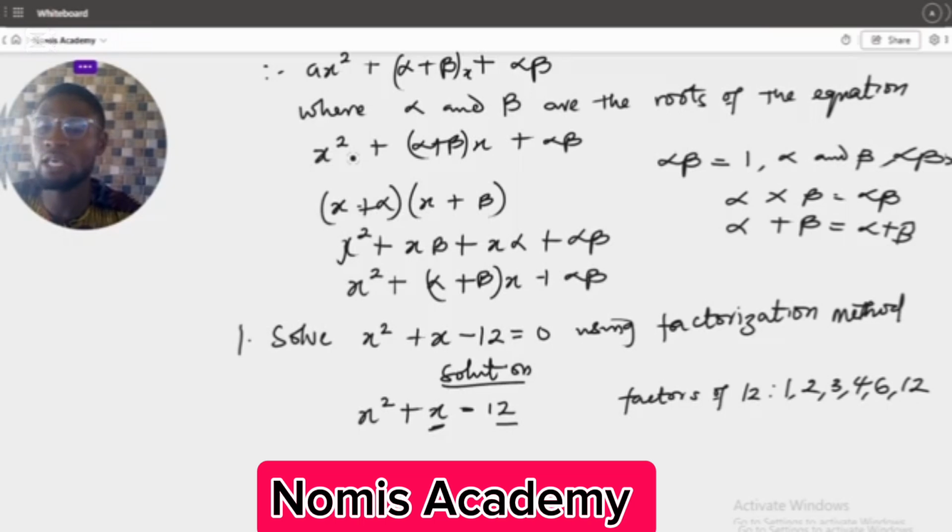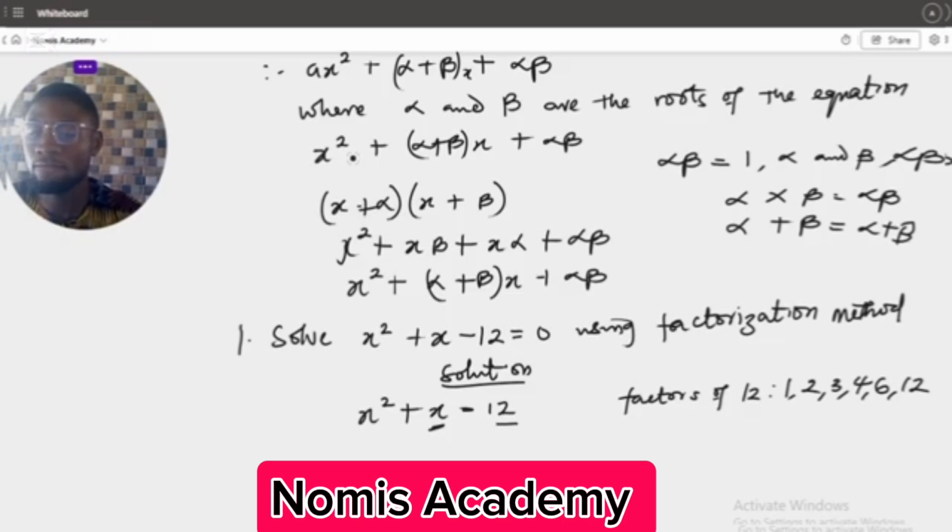So we are going to take of these factors of 12, which of them, if I multiply together should give me minus 12, and if I add them together should give me 1. That tells us that if I want to pick these factors, I will consider being negative or positive.